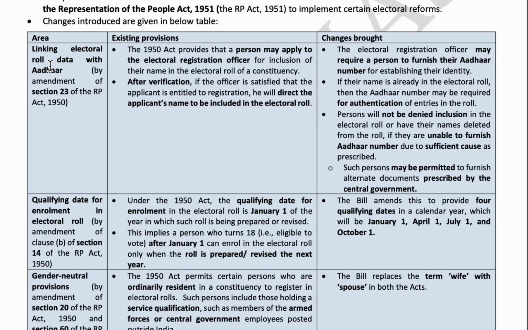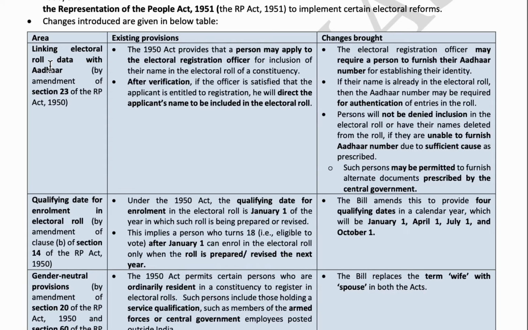Before, under RPA 1950, the person would apply for including the name in electoral rolls, and after verification by the electoral registration officer, the applicant's name would be included in the electoral roll.